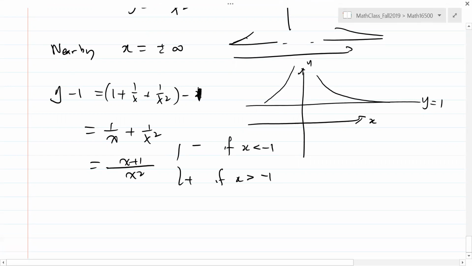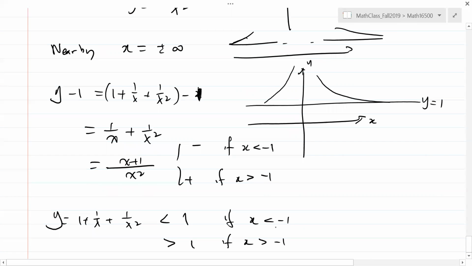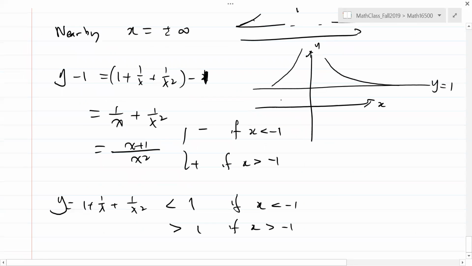In other words, the function is less than 1 if x is less than -1, greater than 1 if x is greater than -1. So where is -1? -1 is here.